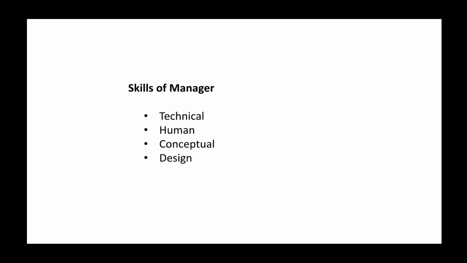And coming to the human skills, here it refers to the ability to work effectively with a group. That is very important. You are not isolated. You are working in a team, you are working in a group. So how effectively you are working, that is the human skill.